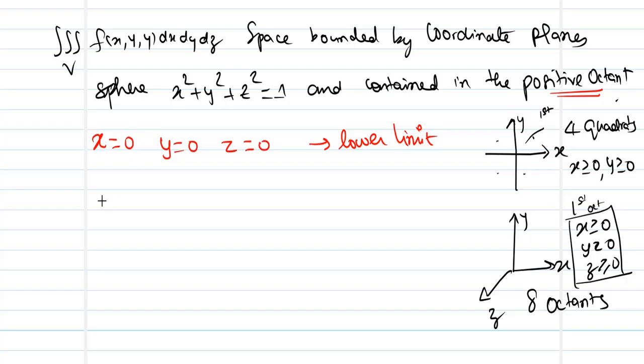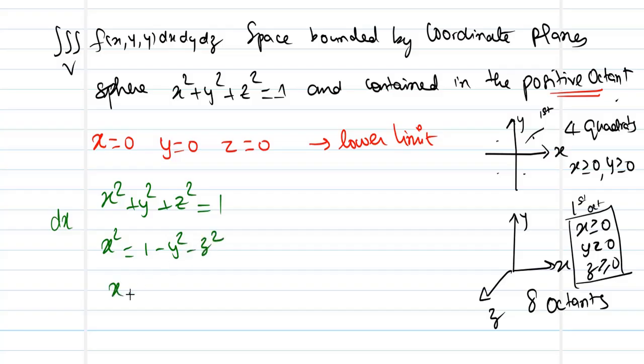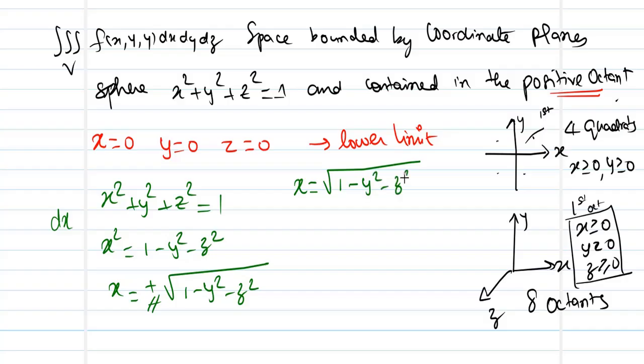Now take the function x square plus y square plus z square equal to 1. If I want to fix it in the direction of x, then x square is equal to 1 minus y square minus z square. So x will be plus or minus root over 1 minus y square minus z square. But since we are in the positive octant, the negative sign will go off, and so we have x equal to root over 1 minus y square minus z square.